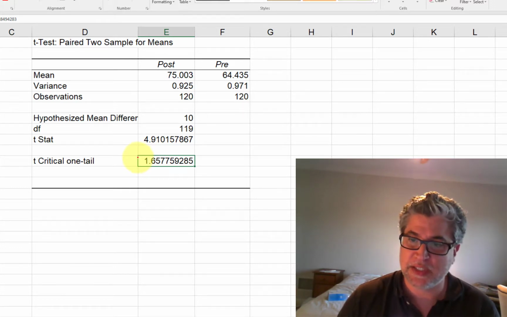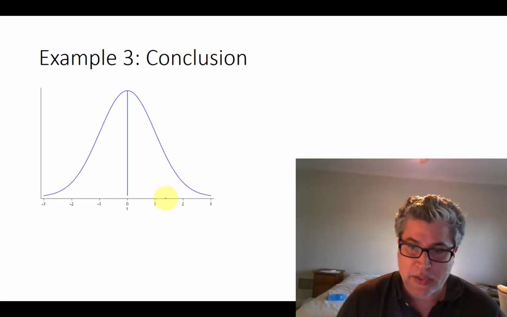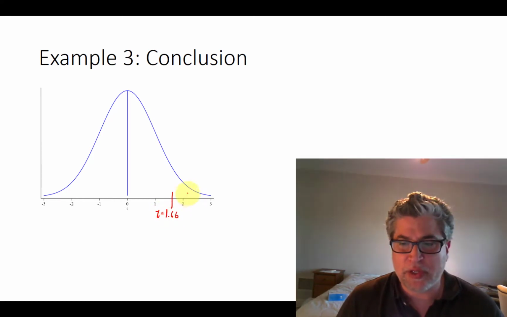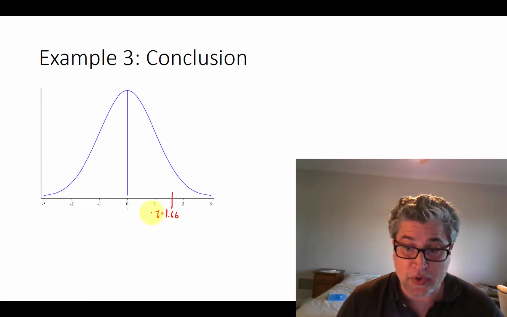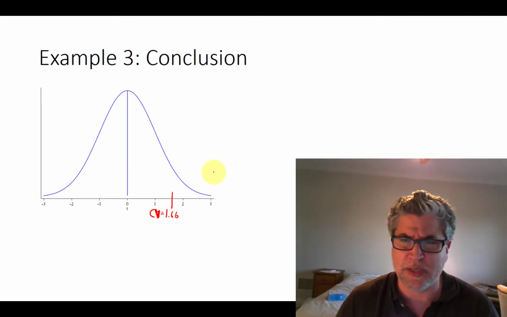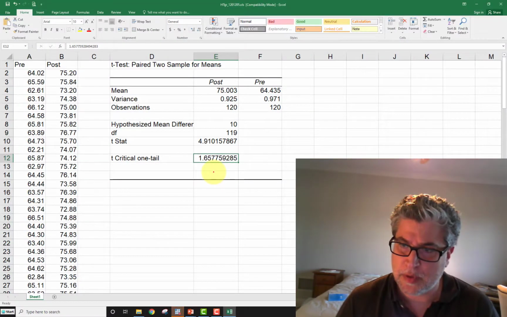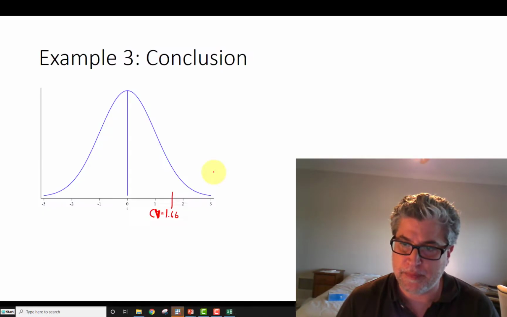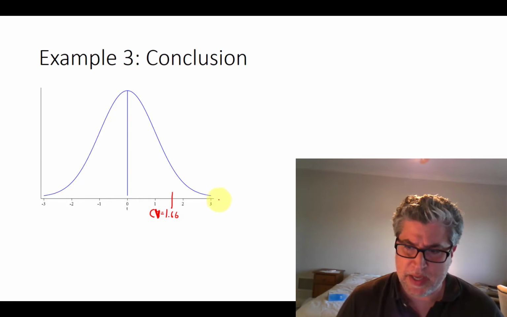So 1.66 and 4.91. So our test statistic was here. 1.66, that was our critical value. And our test statistic was something else, was 4 or something, wasn't it? 4.91. So man, that test statistic is way out here.